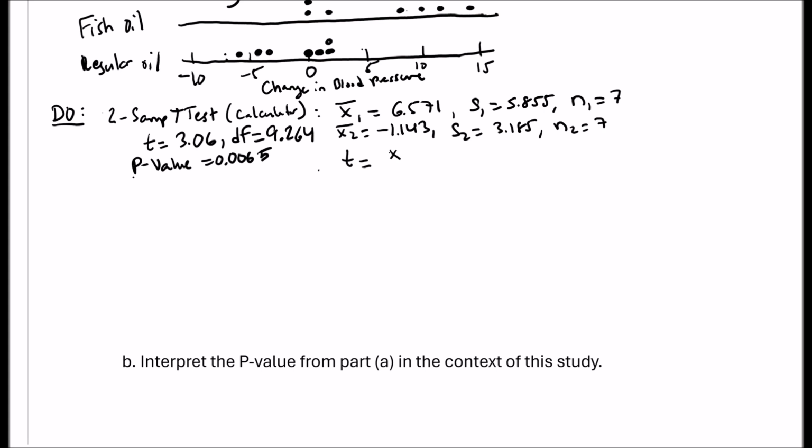Okay, so we got x bar 1 minus x bar 2 minus 0 divided by square root s squared 1 over n1 plus s squared 2 over n2.